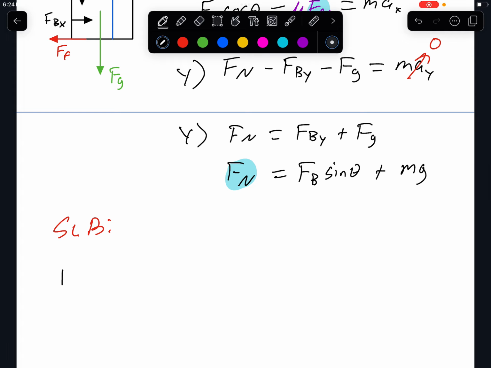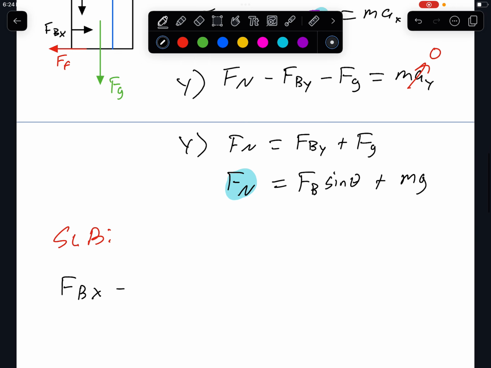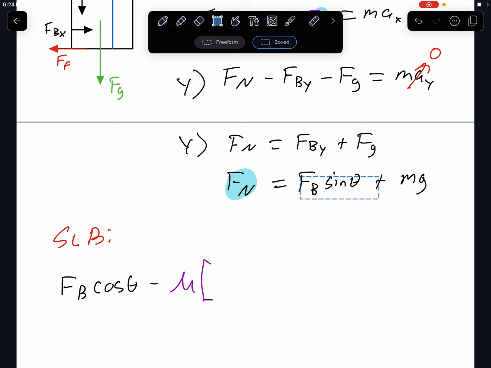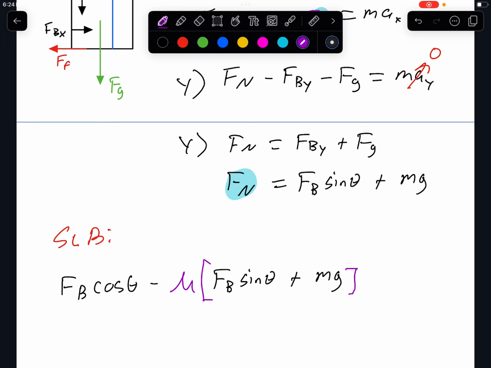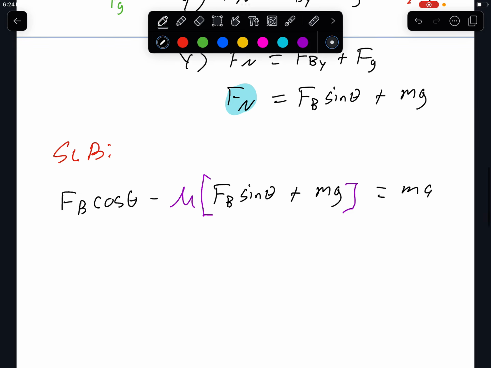I have F_B cosine theta, which is Bob X, minus mu times my normal force, where my normal force is all of this in here. That's mu F_N, and then that together equals ma. So now to get the acceleration, all I have to do is divide out the mass.